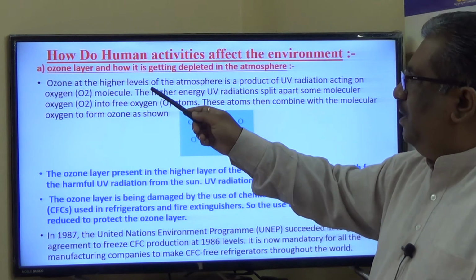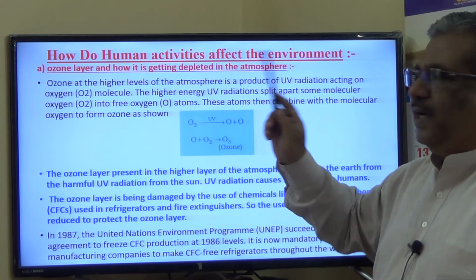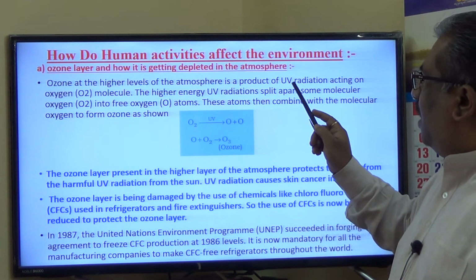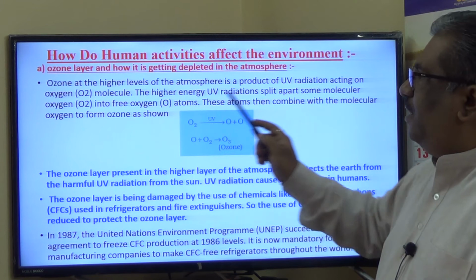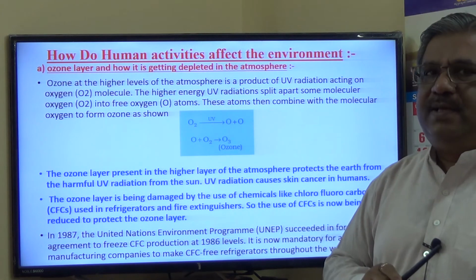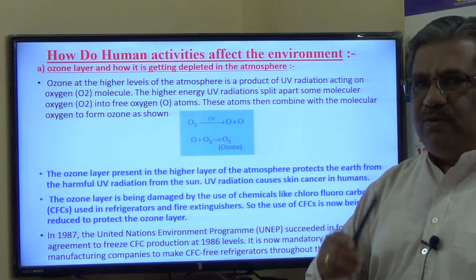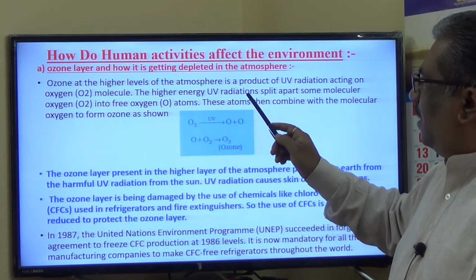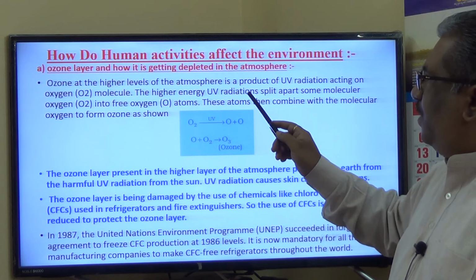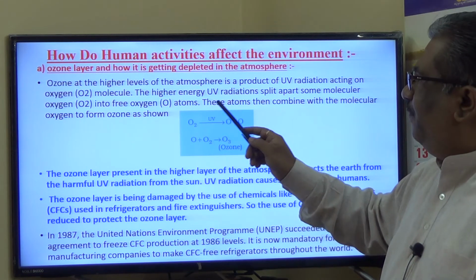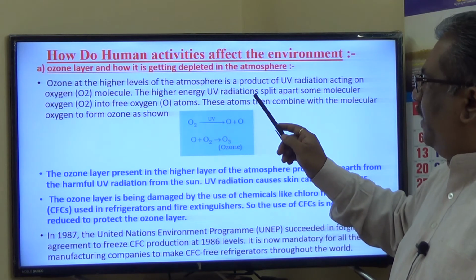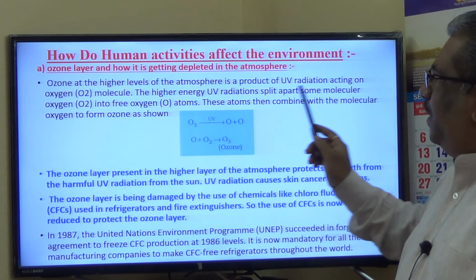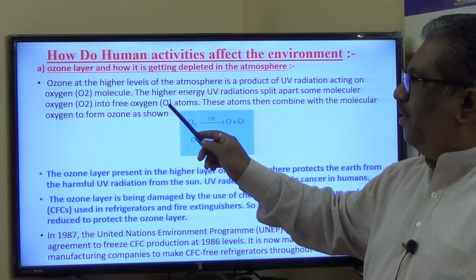Ozone is at the higher levels of the atmosphere. It is a product of ultraviolet radiation acting on O2 molecule. That means how this ozone is formed, let us see. The higher energy UV radiations released by the sun split apart some molecular oxygen into free oxygen.